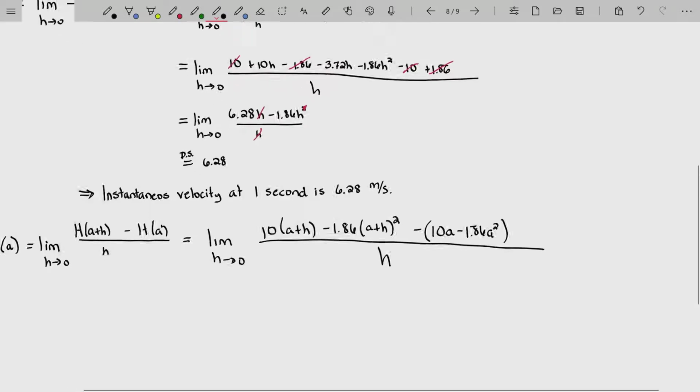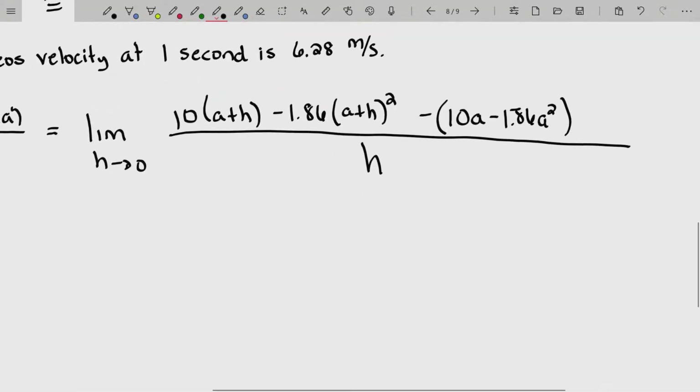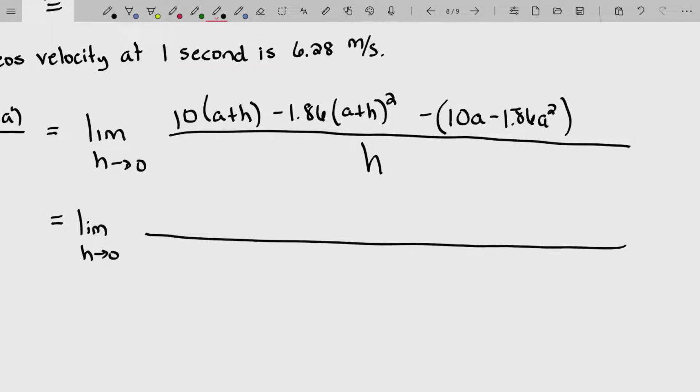From this point forward, I don't need to reference the function anymore. I can just kind of do the mathematics here. So this is going to equal the limit as h approaches 0. There's a little bit more work when you have to take a formula and plug it in rather than just 1 and plug it in, but it's not too much more.